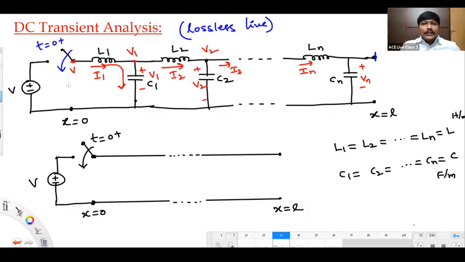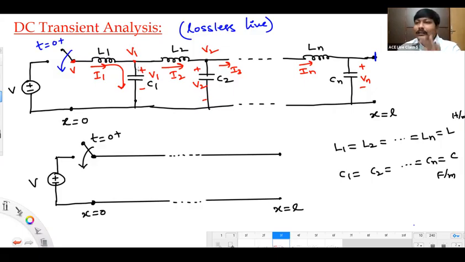Next thing, kindly observe. In the second section, half L2 I2 square is the energy, and for the capacitor, half C1 V1 square is the energy. Can I say half L2 I2 square equals half C1 V1 square? Because we don't have any loss in the discharge path, these two will be equal. Similarly, half C1 V1 square and half L1 I1 square will also be equal because there is no loss in the discharge path.